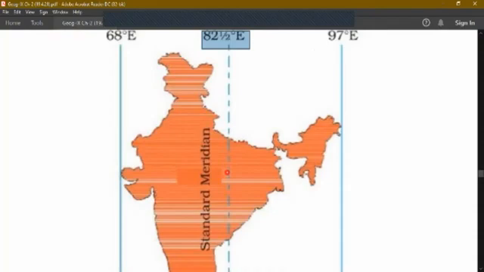The Indian Standard Time is 5.5 hours ahead of Greenwich Mean Time, right?